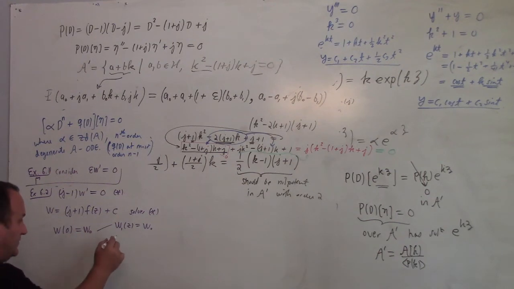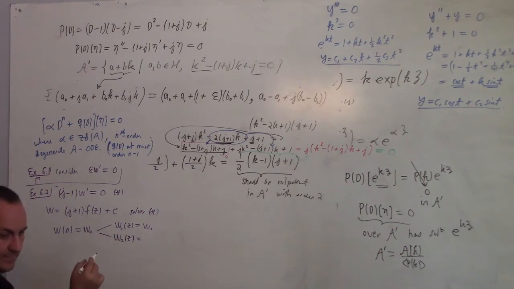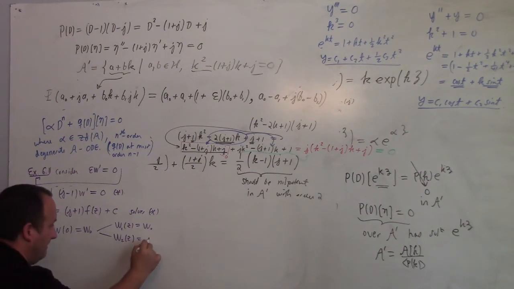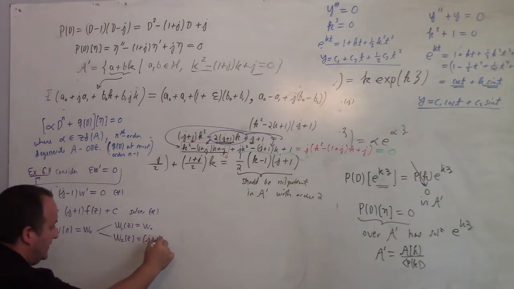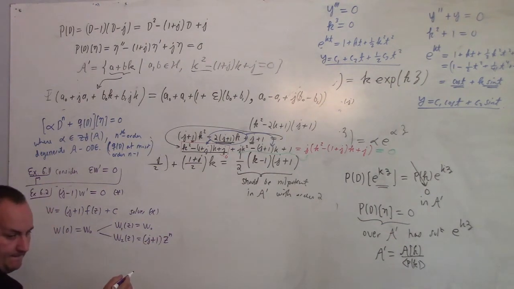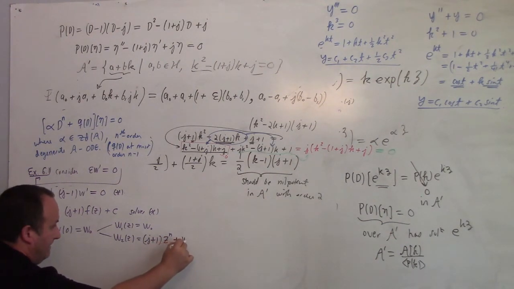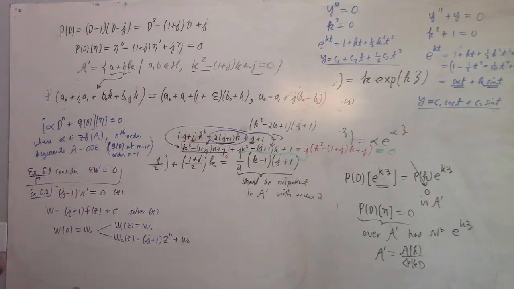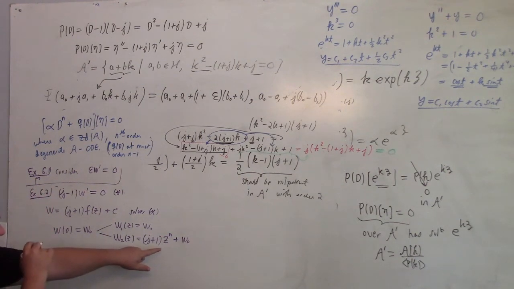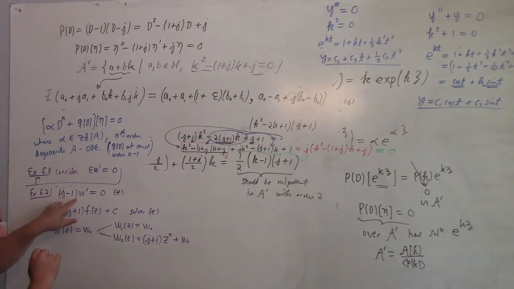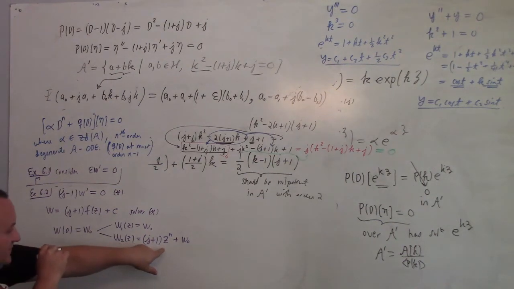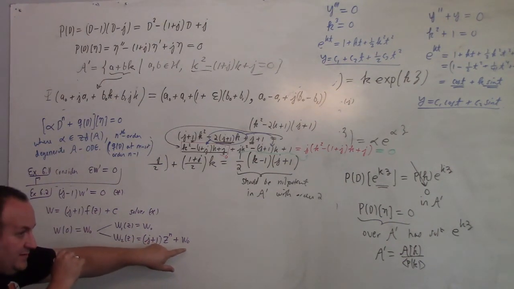Or you can also do it with w2 of z equal to (j plus 1) z to the n plus w naught. This is a solution to that because the j plus 1 hits the j minus 1, and when you plug in 0, this goes away and just leaves you w naught.